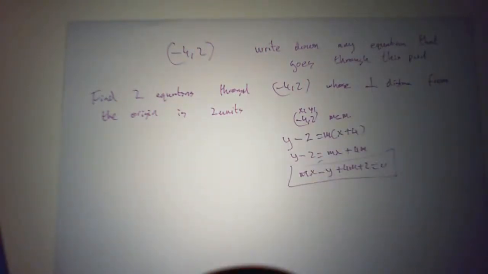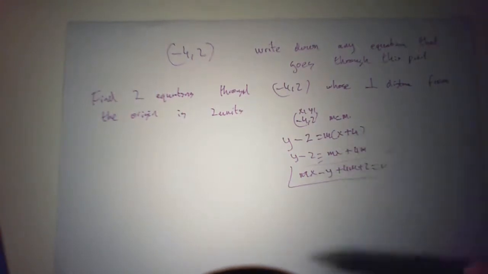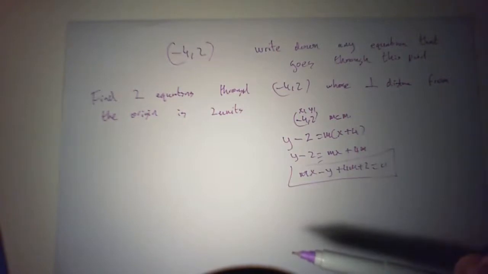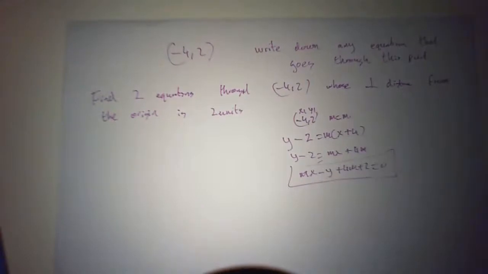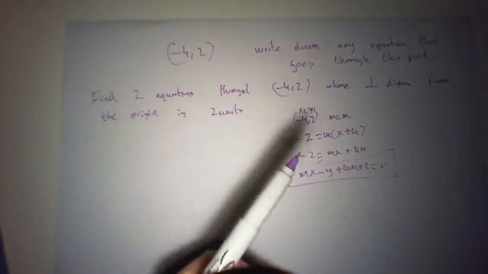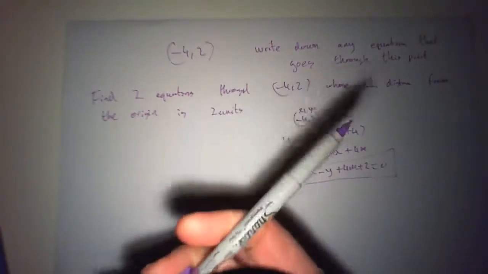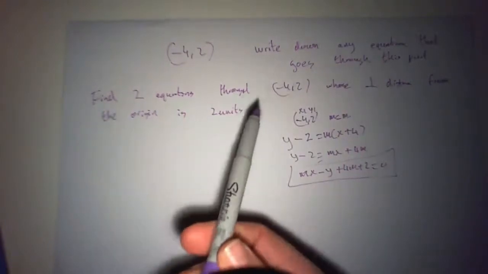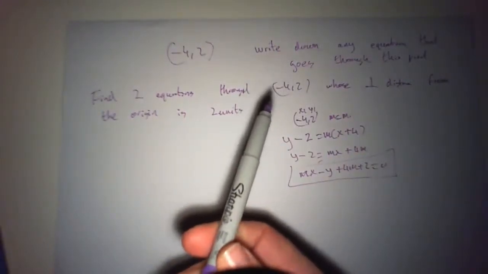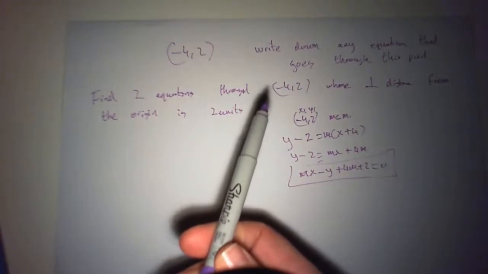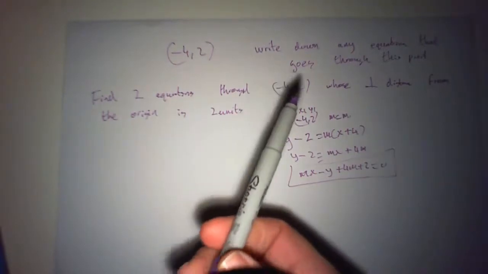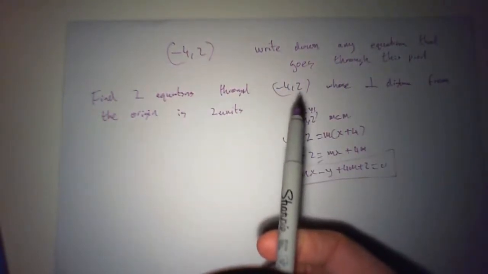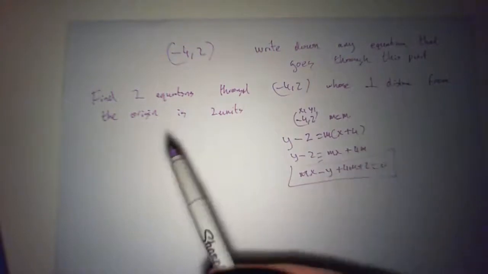So all we know is that this has to be a way it's going to work. So what do we want to do? We want to find the equations of 2 lines through that point whose perpendicular distance from the origin is 2 units.